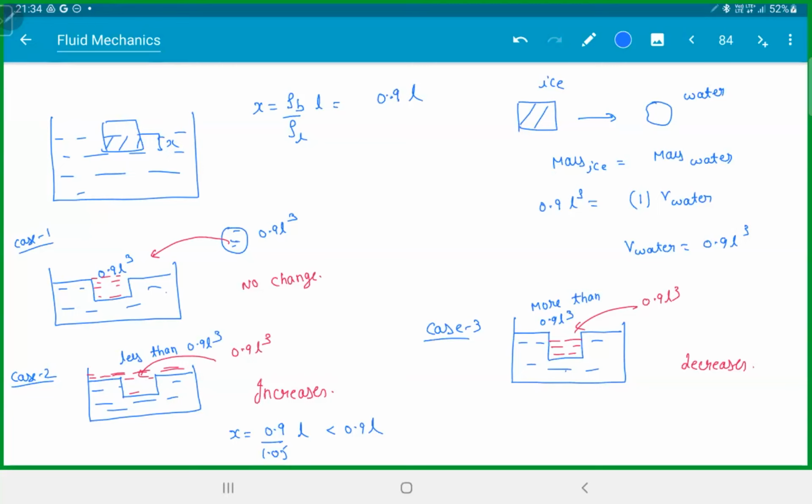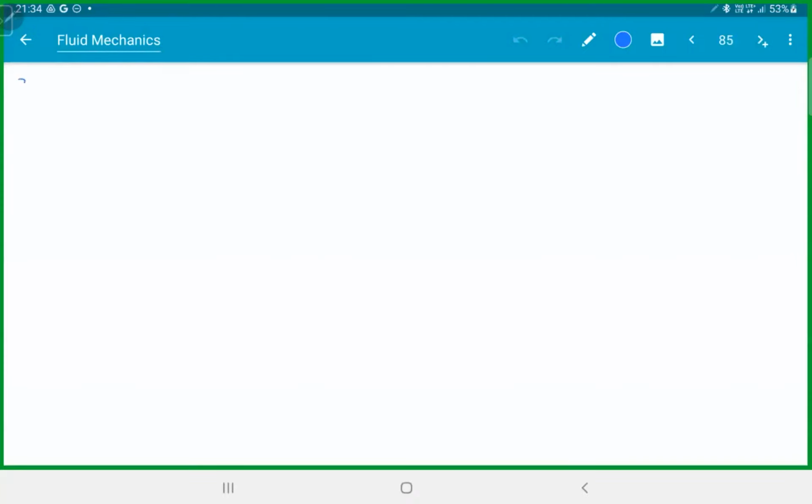Next one. Now, if we talk about something called stability of ships. Let's say case 1.